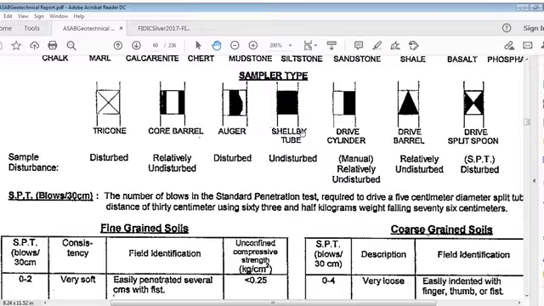Then Shelby tube is for undisturbed, and drive cylinder is for manual, relatively undisturbed. Then double barrel, which is relatively undisturbed. And split spoon, that is SPT, disturbed.